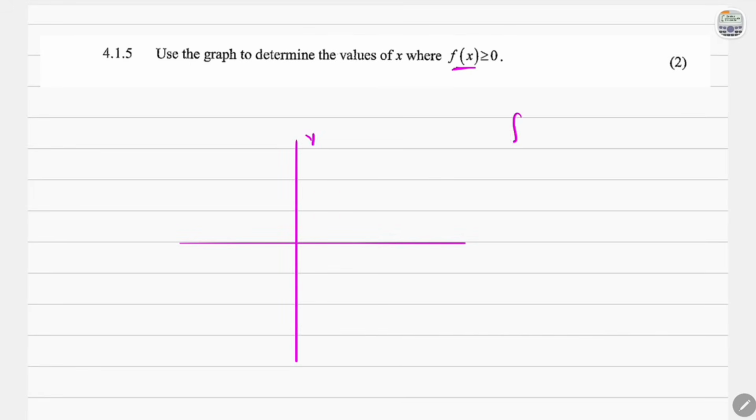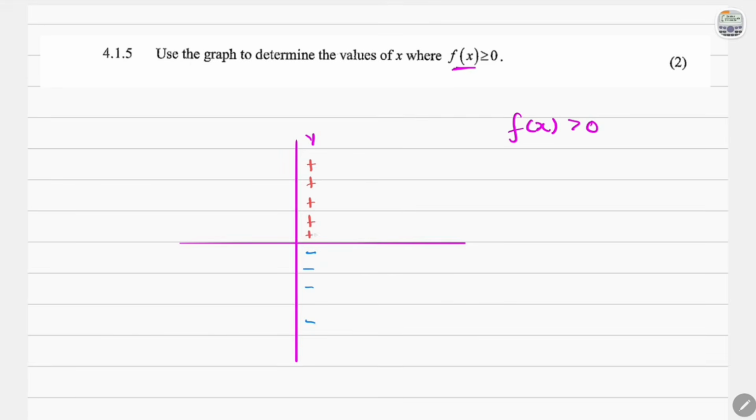So when they say where is f of x greater than 0, you're simply looking for where the y values of this graph are positive, greater than 0. You only have positive y values all through here, and we have negative y values all through here.